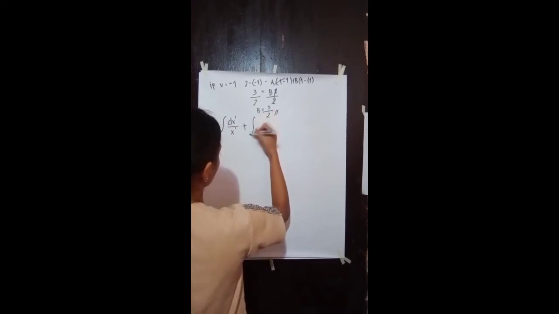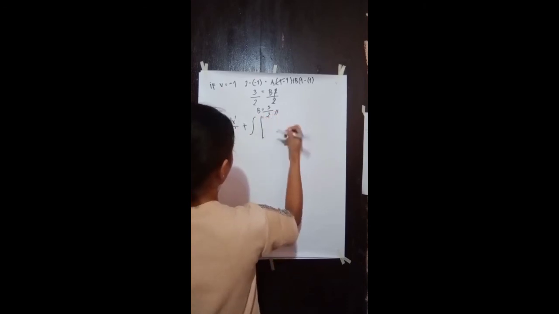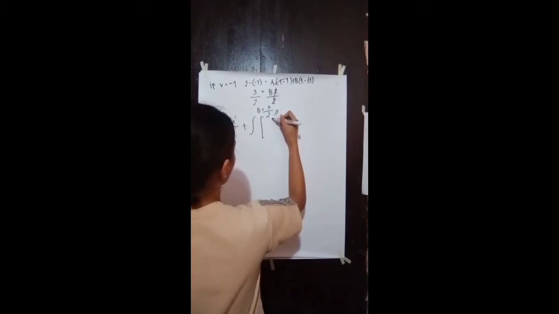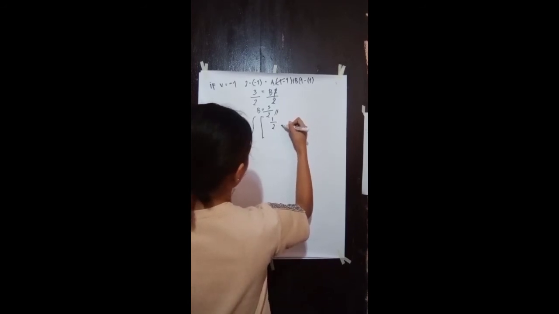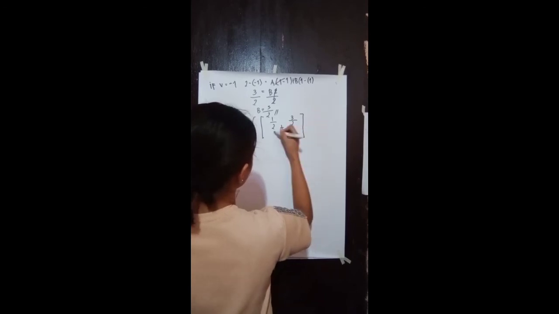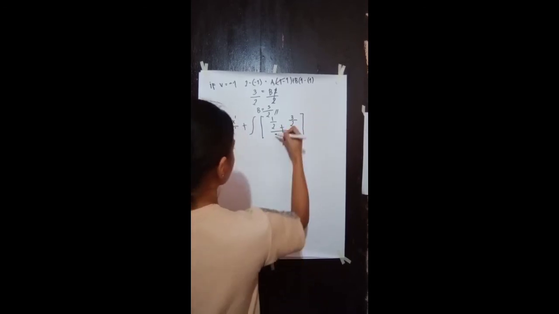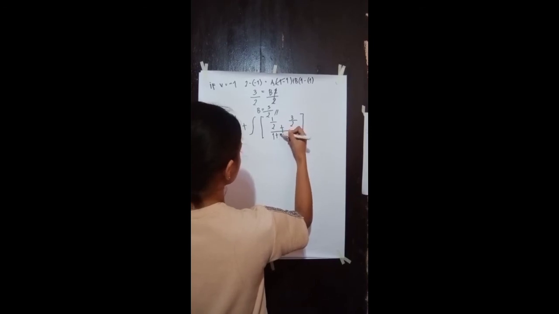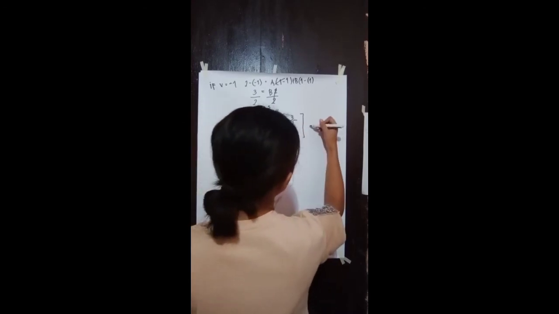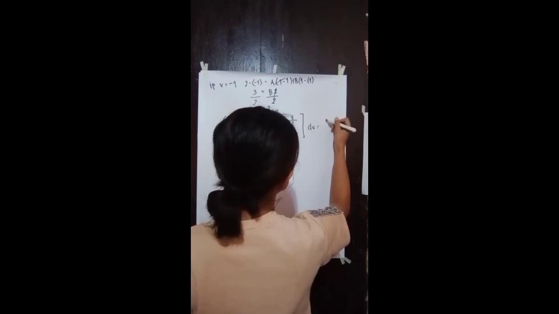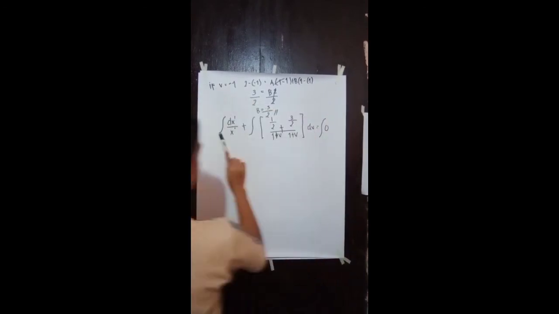So, plus the integral of, ang value kanina ng a is 1/2 plus ang value na ng b is 3/2 over 1 minus v, 1 plus v, integral of 0.